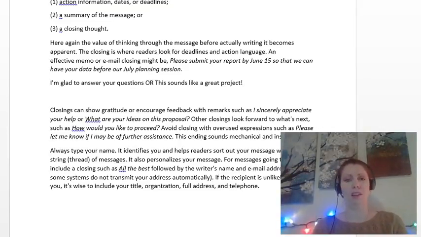You do not need to close your messages to coworkers with goodwill statements every time. These are usually only used in letters to customers or to clients. You don't need to use this with your coworkers on a regular basis. But some closing thoughts are often necessary to prevent the feeling of abruptness.